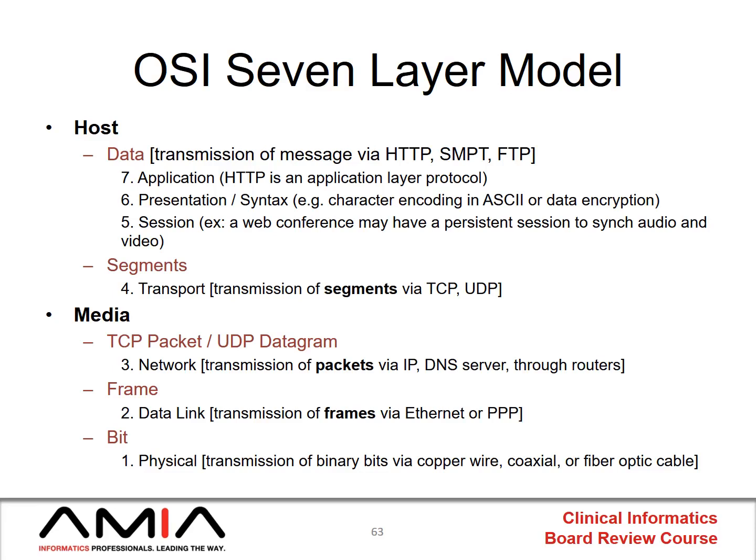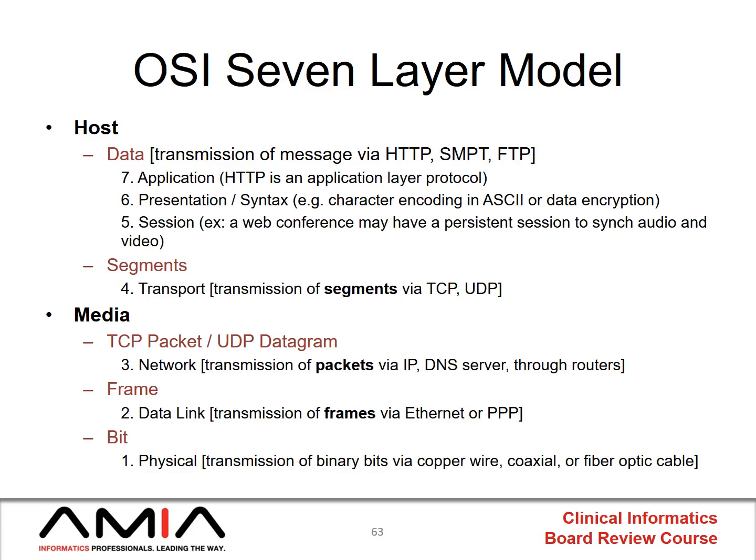So let's start at the top. At the data level, we're talking about the transmission of individual messages via the protocols that we've heard about: HTTP, which is the protocol that our browser uses, SMTP, or FTP for file transfer protocol. At the application layer, there's a standard there, HTTP.